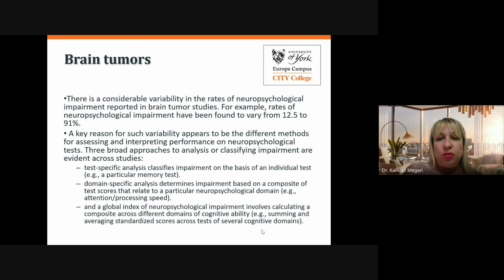For example, we have tests for attention and processing speed. And the global index of neuropsychological impairment involves calculating a composite across different domains of cognitive ability, for example, summing and averaging standardized scores across tests of several cognitive domains.